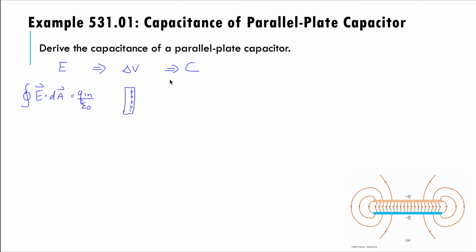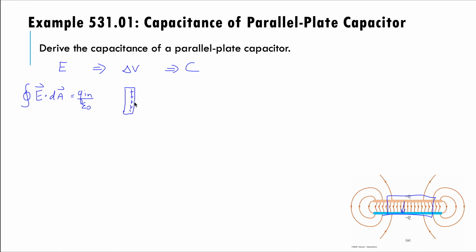The other thing to consider, which I'm showing in this picture here, is that the electric field is approximately uniform as long as the length of the capacitor, the size of its plate here, is much greater than the separation between the plates. So as long as it's a long capacitor, we can consider the electric field being uniform inside and we don't have to worry about the edge effects over here.